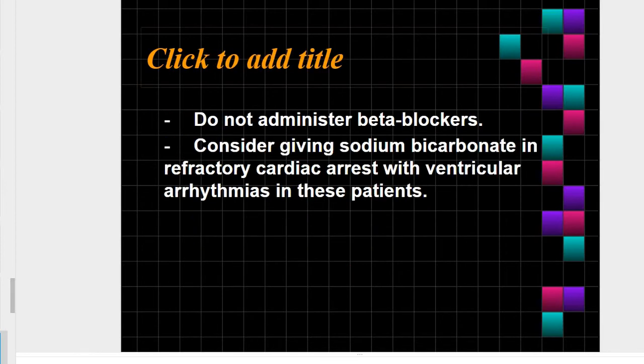In a cocaine toxicological emergency in pediatric patients, do not administer beta blockers. And if they are in refractory cardiac arrest, you can consider giving them a dose of sodium bicarbonate if they are refractory and in ventricular arrhythmias.